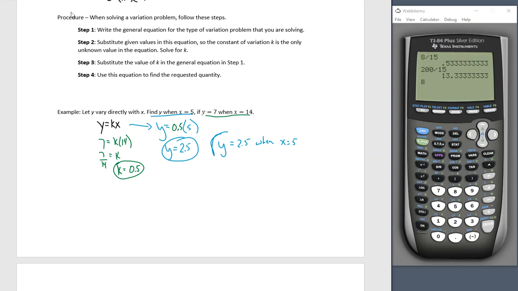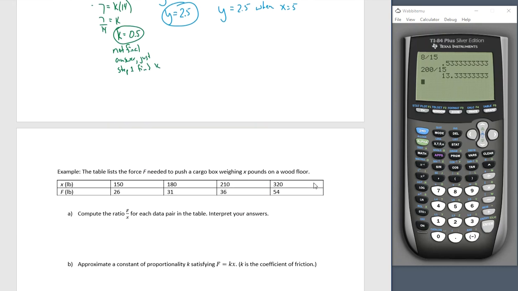Either one of these would be a fine answer. I don't need to circle them both. This green is not the final answer. It's just step 1 in finding k so that we could use it to find the actual final answer.